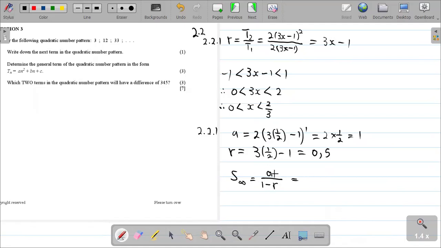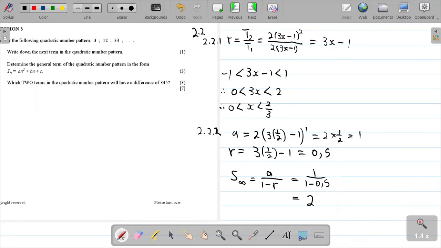So then it's going to be 1 divided by 1 minus 0.5. You use a calculator here, you get 2. Yes, the sum to infinity is going to be 2 here. Oh, sorry, this is 2.2.2. Should be a 2 here.